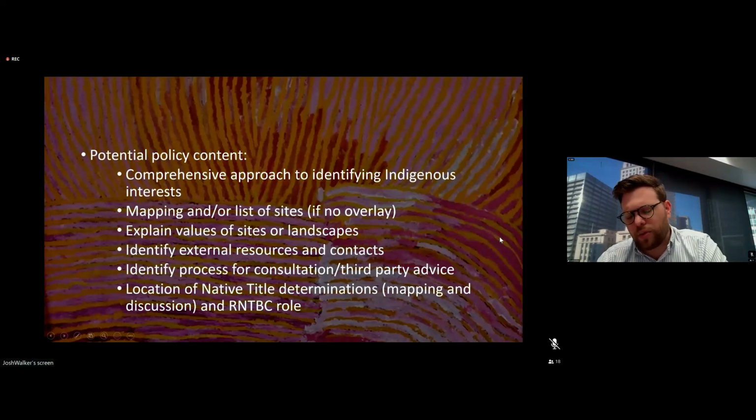One of the questions that was raised right back at the start is, do we need to do a cultural heritage register? The answer was no, but it may be something that logically would fit in there. And it might also be the location, rather than a strategic framework map, where you might put the location of native title terminations or things that are pending, so that people are aware of who they might need to consult with.